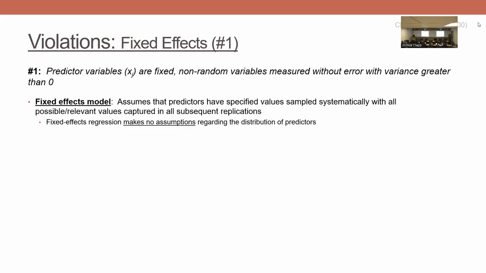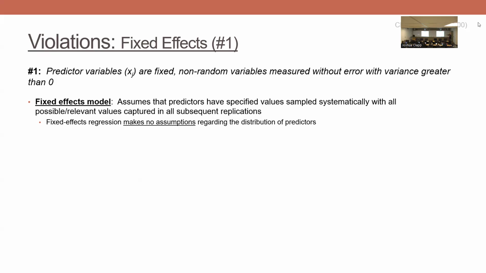So let's say there are 100 possible scores for extroversion on this measure, and I've systematically pulled 20 people from every single level. There, I have a fixed effects model where I have extroversion as a fixed variable.